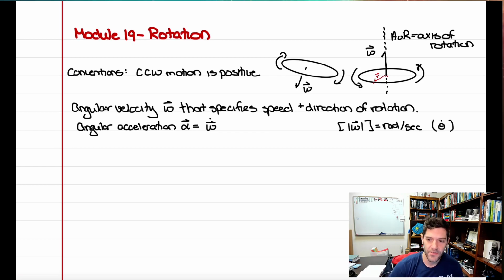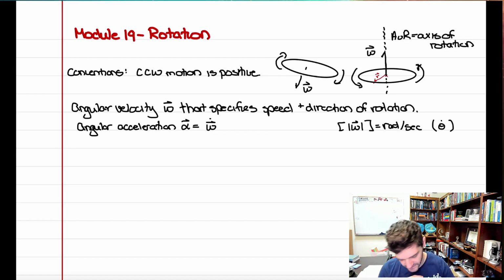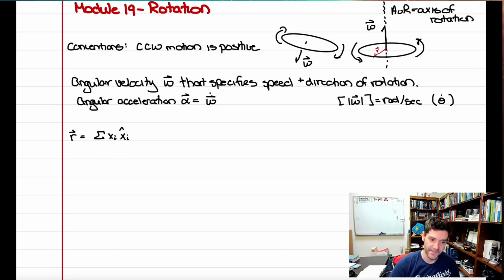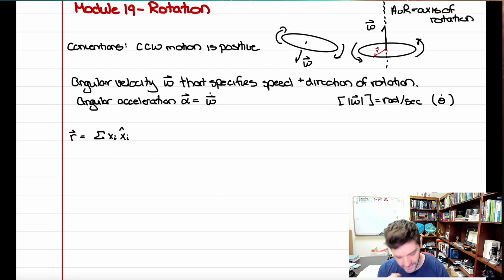This has the additional slightly added challenge that while the angular velocity is a vector, and the angular acceleration is a vector, angular position is not. I can write, say, the position as some of the Cartesian coordinates, x, y, and z. I cannot necessarily define an angular motion, which you might think of as a rotation.